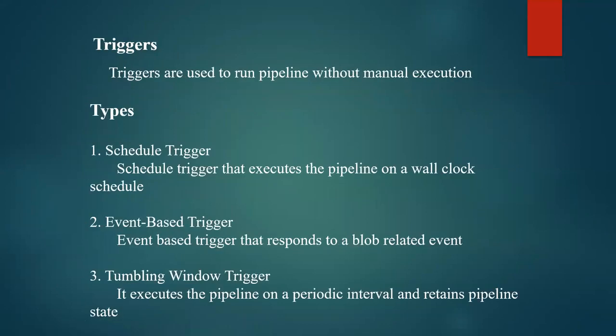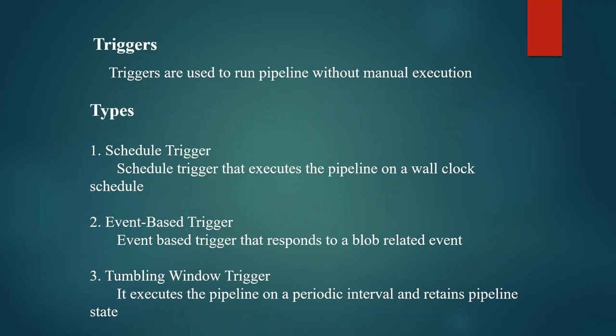So next slide we are having triggers. Triggers are used to run the pipeline without any manual execution. Okay, so by setting triggers, we can run the pipelines automatically. Yesterday we used the debug option to run the pipeline, so I clicked on it manually.